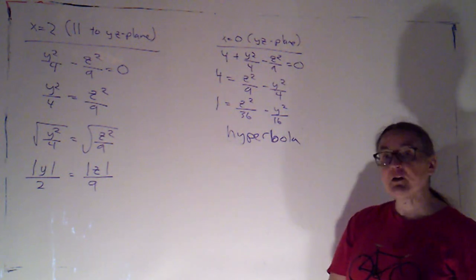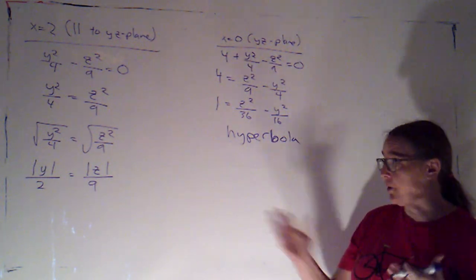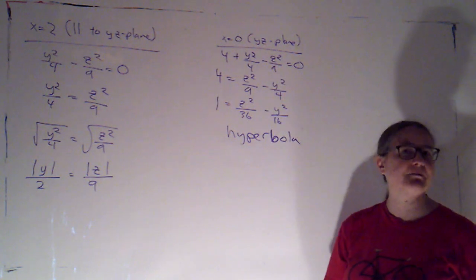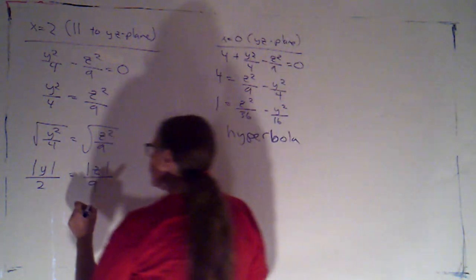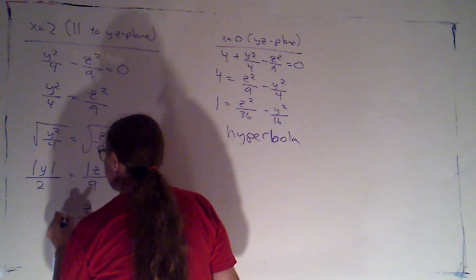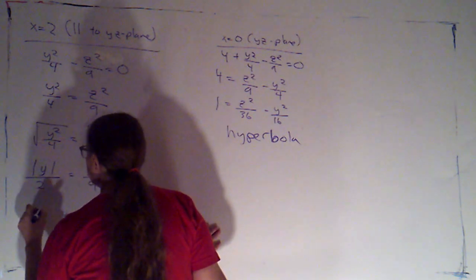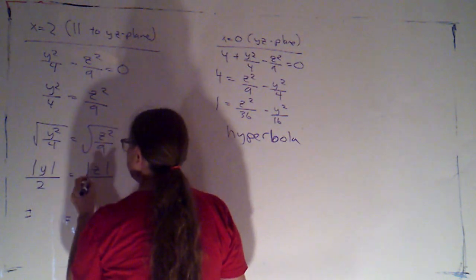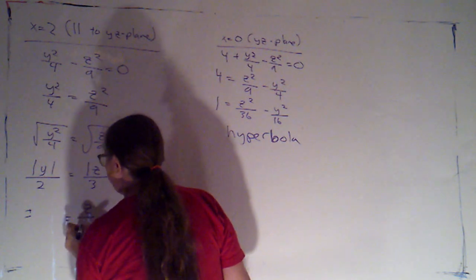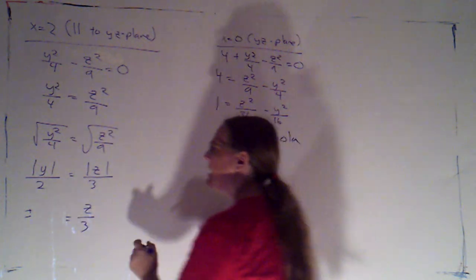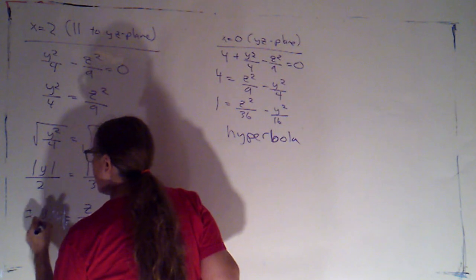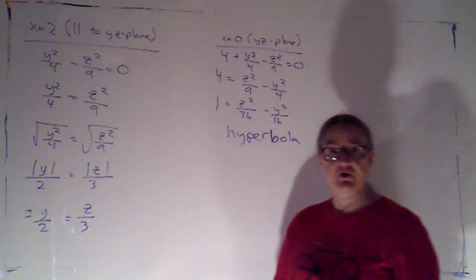And the way I can deal with that absolute value, or those absolute values, is by introducing a plus or minus. Okay. So I'm just going to say z over 9 is plus or minus, I'm sorry, z over 3, because I needed to take the square root of that 9. My bad there. Z over 3 is plus or minus y over 2.